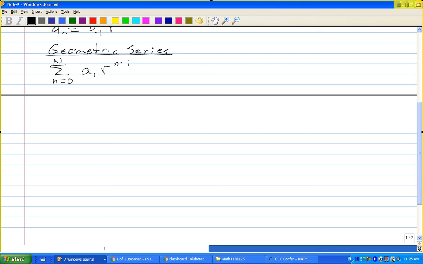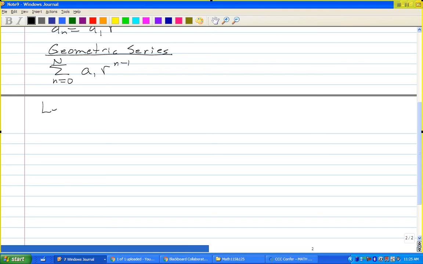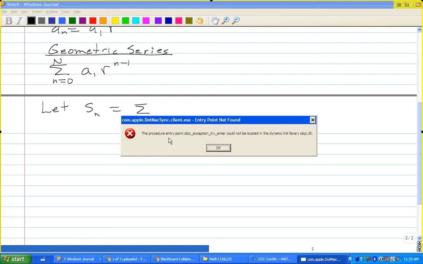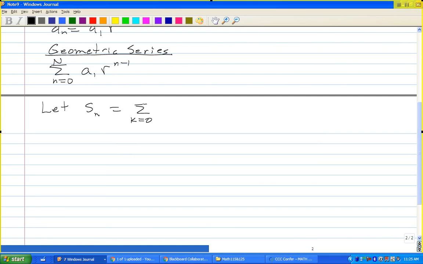Okay, so suppose that I want to find a formula to determine the sum of some sort of geometric sequence. For notational purposes, let S of n equal the sum, k equaling 0 to n, of a1 r to the k minus 1. So it's the sum of a geometric sequence.